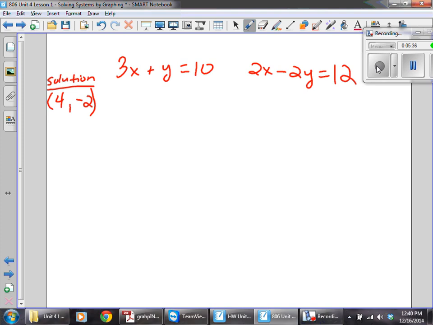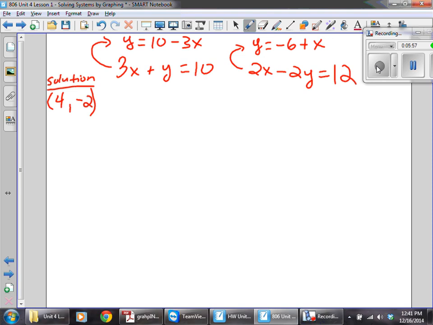So now that we have this, this is where you have to be really careful. We know that in slope-intercept form, this is y equals 10 minus 3x. And this equation over here is y equals negative 6 plus x.